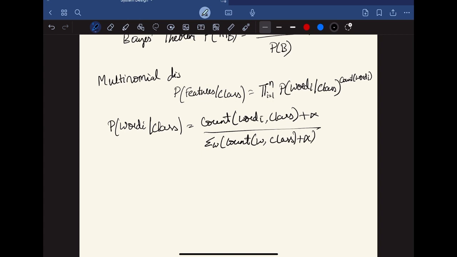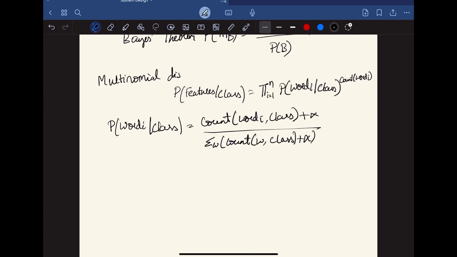And the next is the prior probability. P of class is the prior probability of a class, representing our belief about the probability of a document belonging to that class without considering the features.